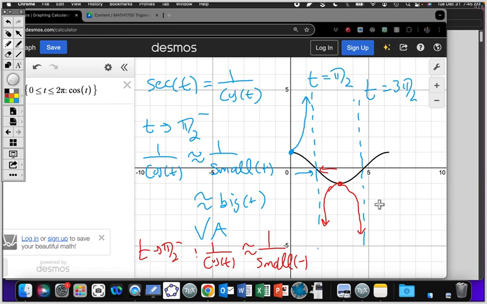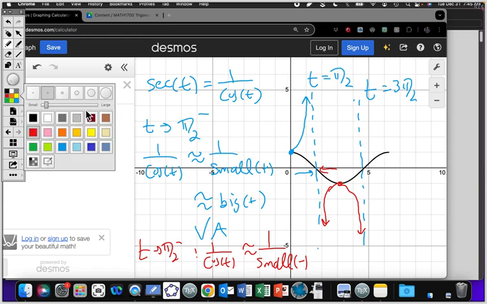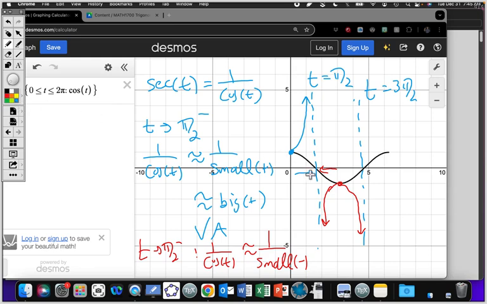Now on the other side of 3 pi over 2, I'm back to the situation that I had here between 0 and pi over 2. Now I'm taking the reciprocal of very small positive numbers, so we'll be heading to infinity. And then when I finish up here at 2 pi, I'm going to be symmetric like that. So this is what one cycle of the secant function should look like.